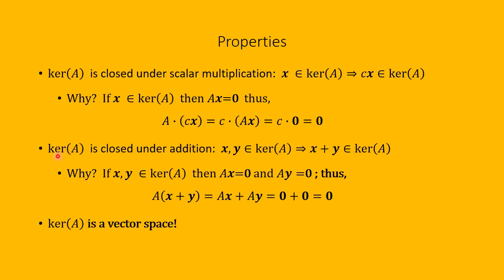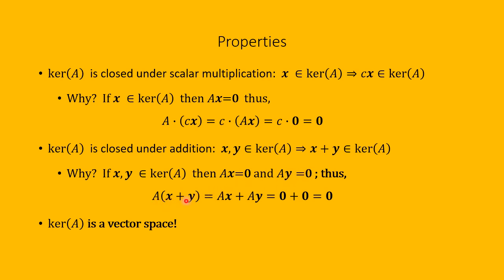Another property, the kernel of A is closed under addition. If x and y are both in the kernel of A, then x plus y is in the kernel of A. Let's see why that's true. If x and y are both in the kernel of A, then A times x is the zero vector, and A times the vector y is the zero vector.